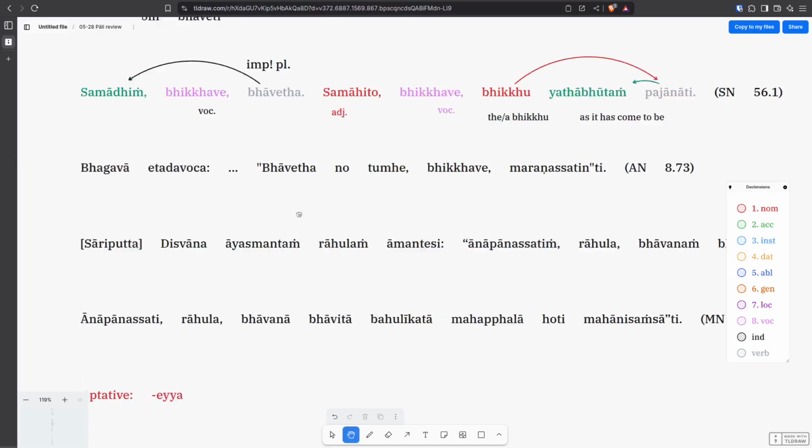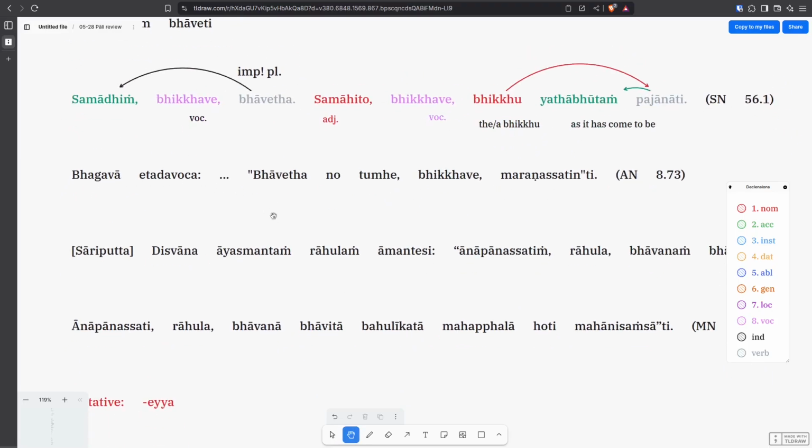The Bhagava etad avoca: bhavetha maranasatim bhikkhave. Etang avoca, the Blessed One said this. Bhavetha, imperative again.